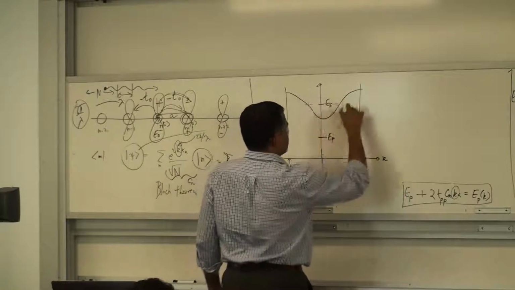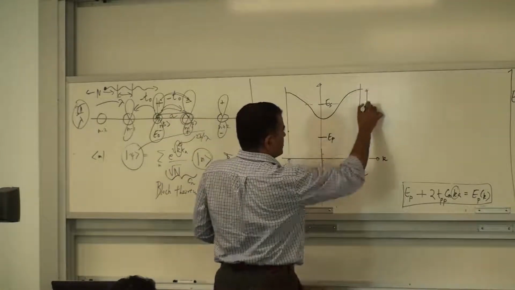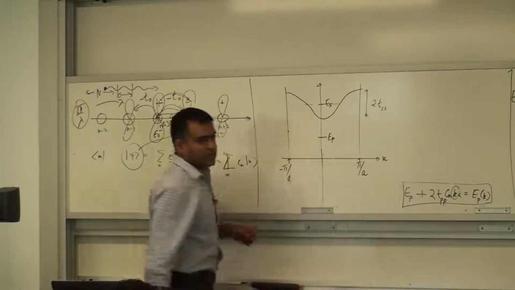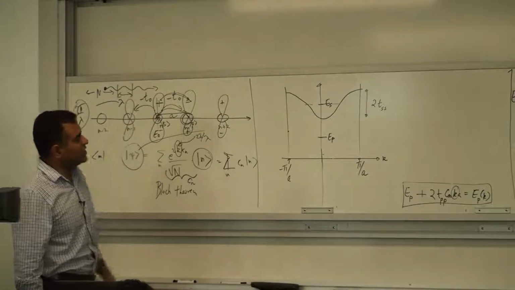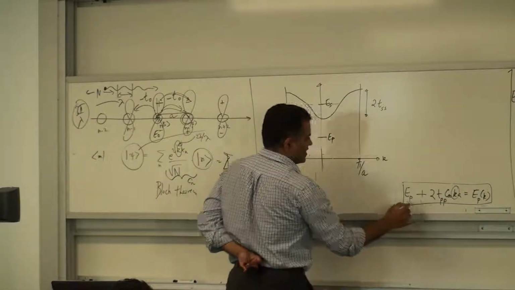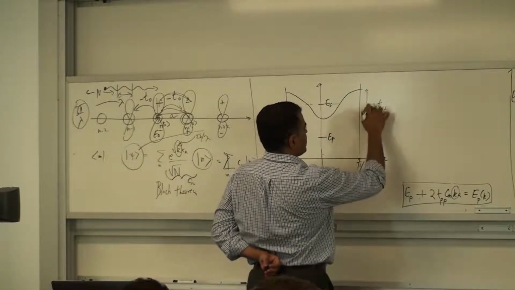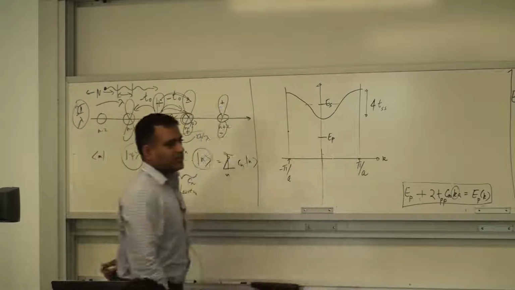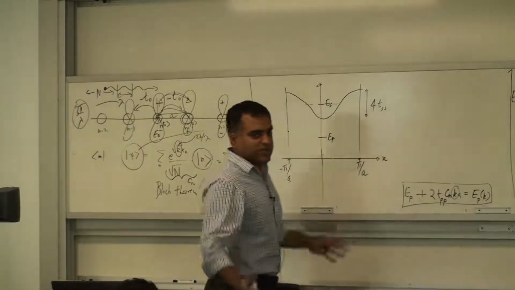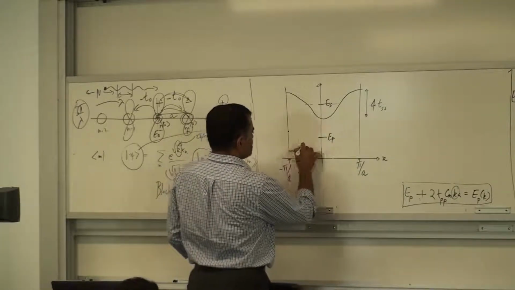It goes as a cosine around it with a bandwidth of 2 times TSS, that's the hopping energy. Oh, sorry, was it 2 times or 4 times? 4 times that, from minus 2t to plus 2t, since cosine goes between minus 1 and plus 1. Similarly, for the p orbital, it'll do something like this.